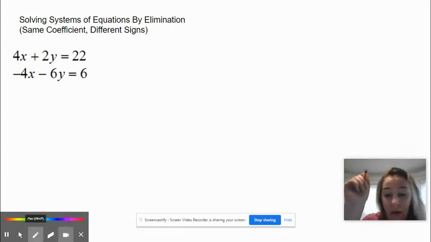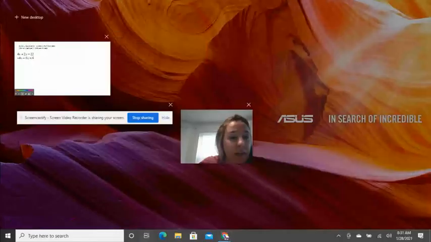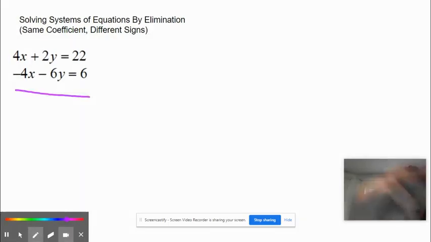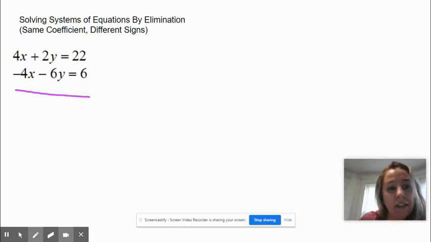It's basically adding up and down to cancel things out. So we're going to go ahead and add straight up and down. So 4x plus negative 4x, it's really just like 4x minus 4x is nothing. So we're adding straight up and down, and these guys just cancel out. And that's wonderful.